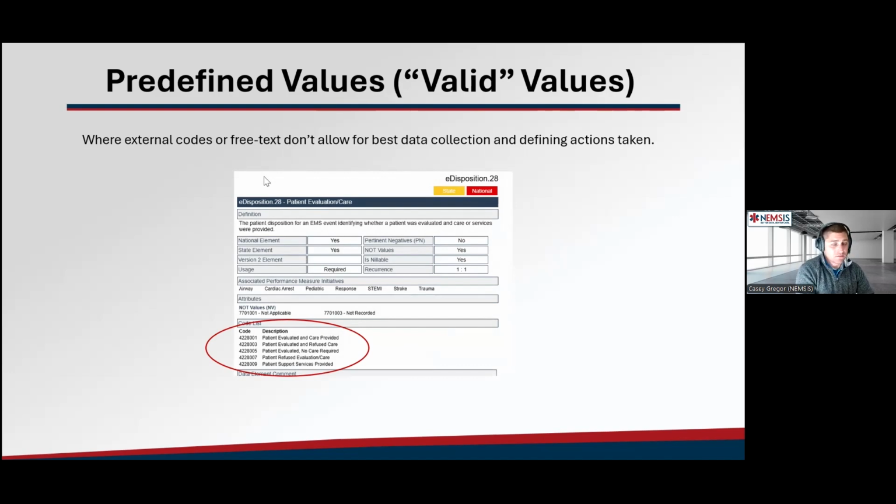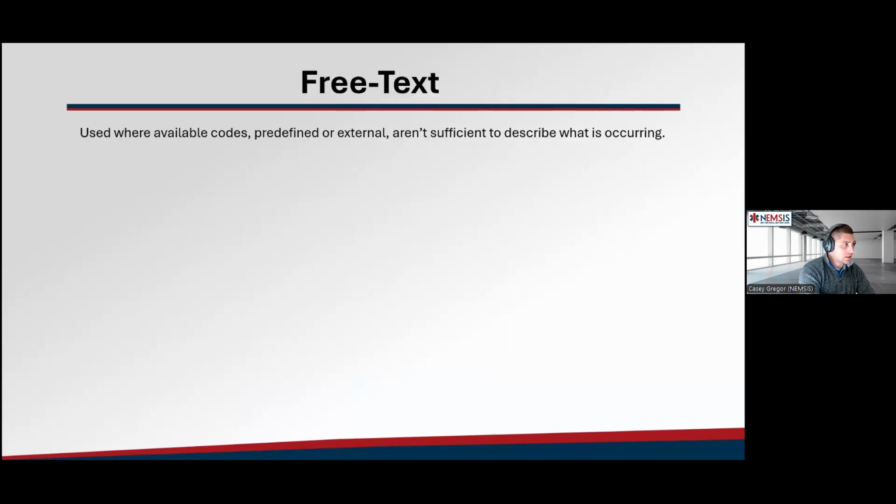That's pretty specific and obvious versus just typing in some random stuff. We took care of the patient, right? Like that doesn't necessarily mean anything to external data users. And also makes it difficult, right? If we don't have that standard to compare to other places. And then you can have free text. It's where codes aren't used.